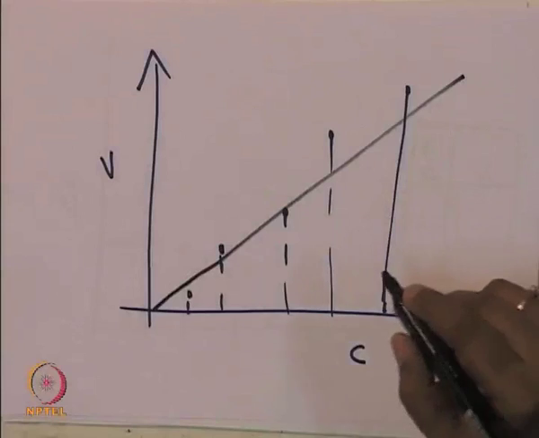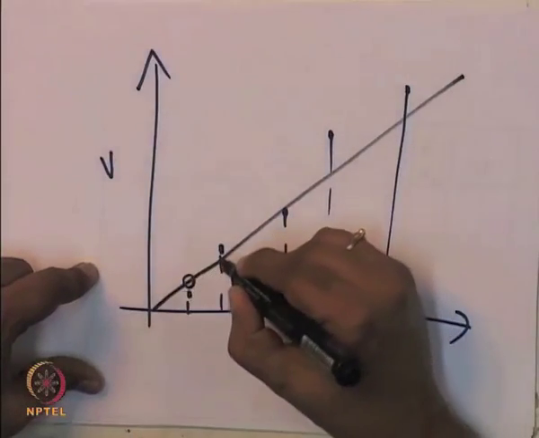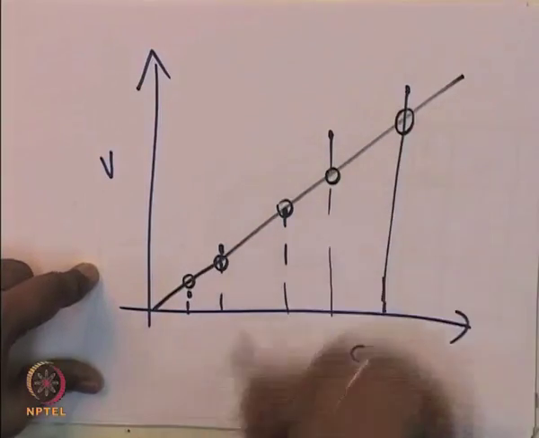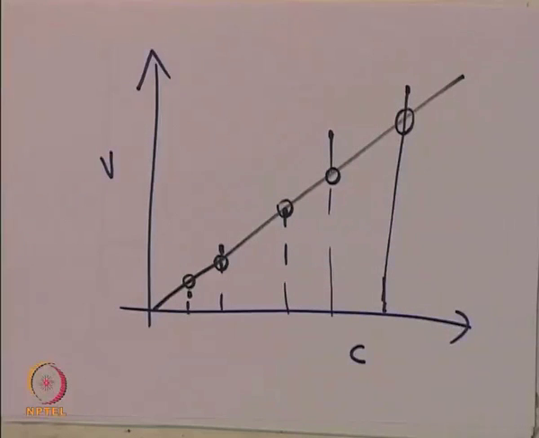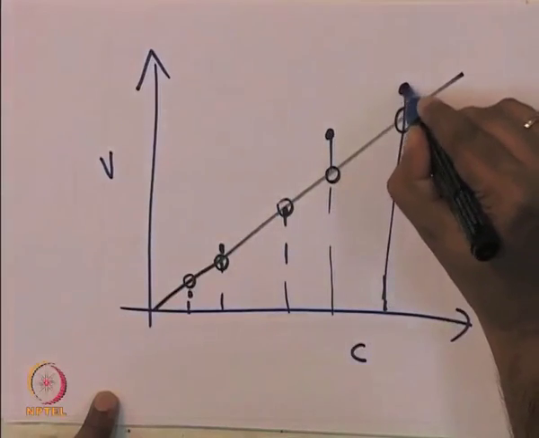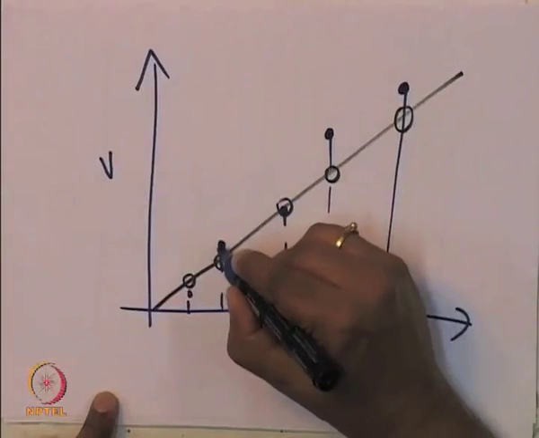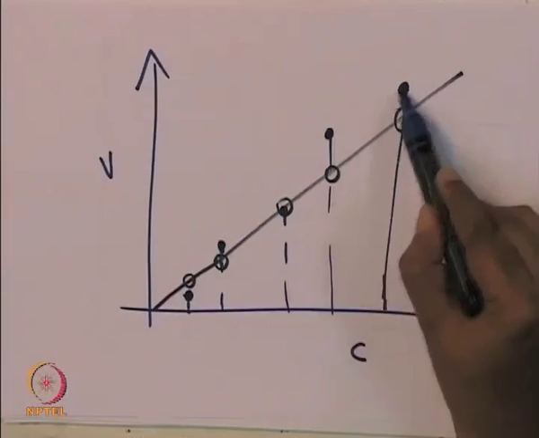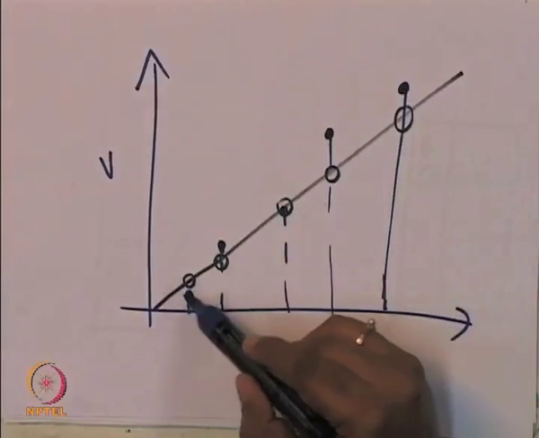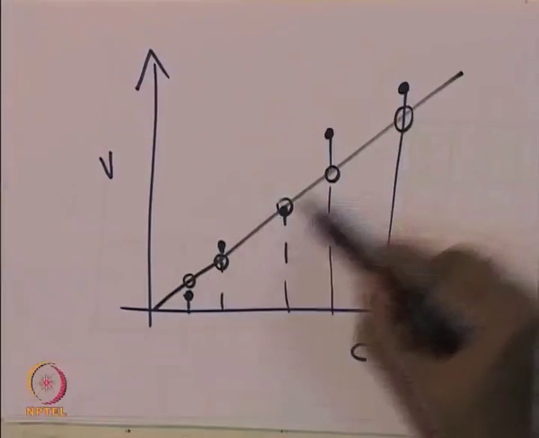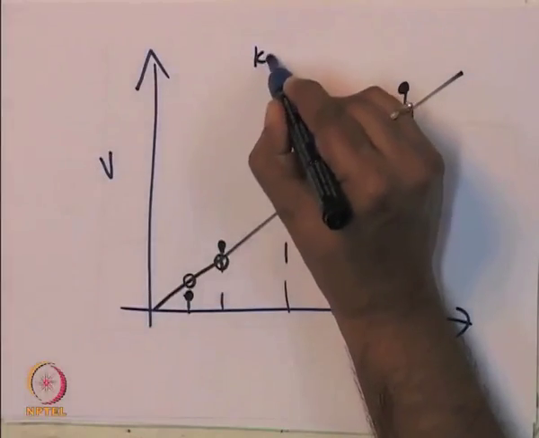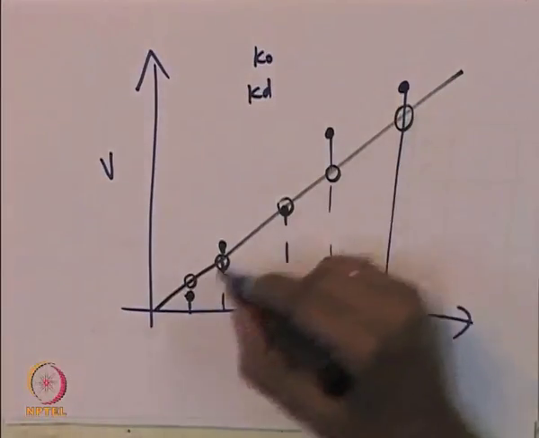Here also for every C value, there is a y value, which is theoretical. Whatever I show in circle is a theoretical value. Whatever I show as a filled dot is an experimental value. So, these are experimental values, and this must be the theoretical value, because when we finally get a straight line, if you know K0 and Kd, you can get this straight line. So, you get this theoretical value.